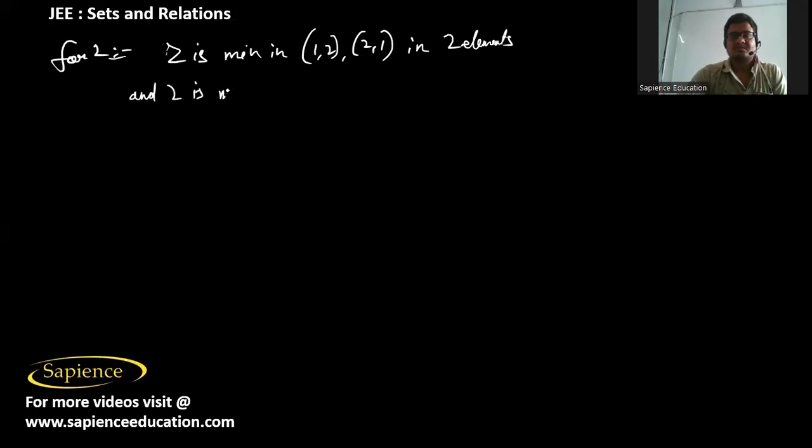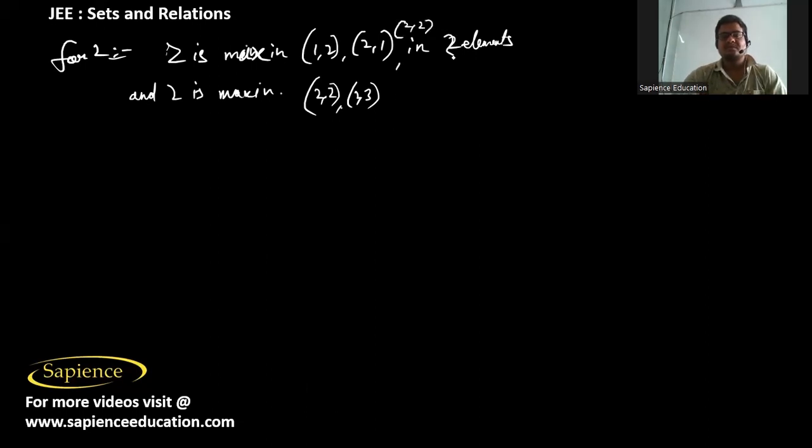And 2 is maximum, sorry, here actually we should write 2 is maximum in only 2 elements, which is (2, 1) and (2, 2). And (2, 2) also means in 3 elements.